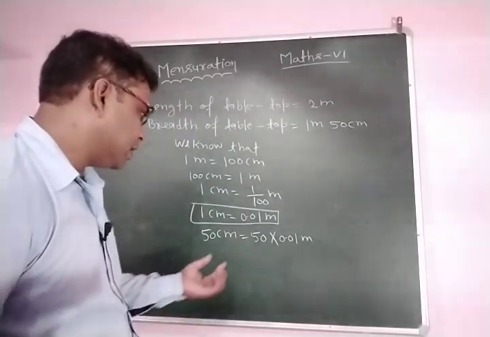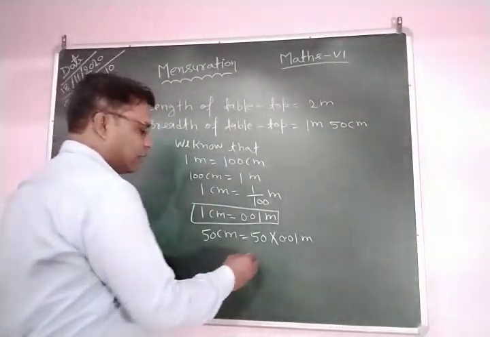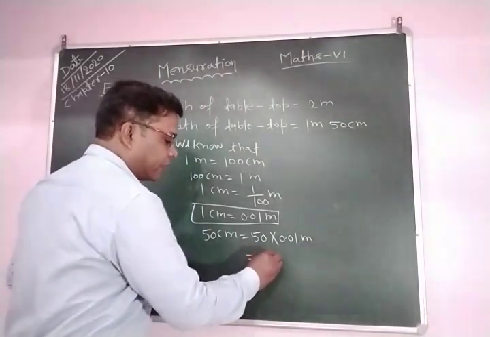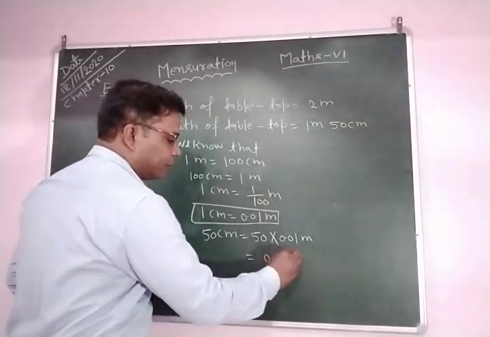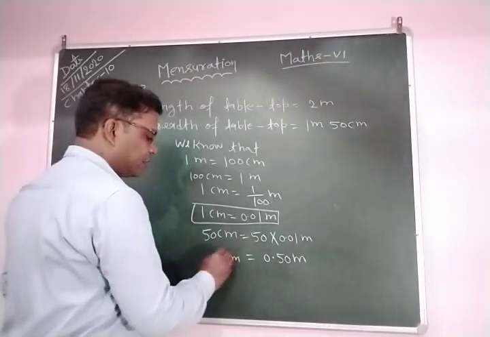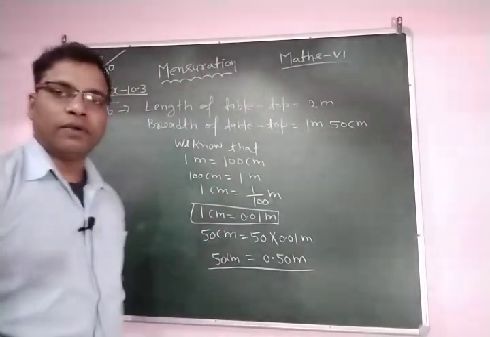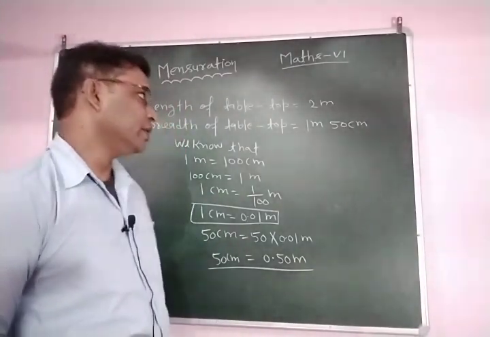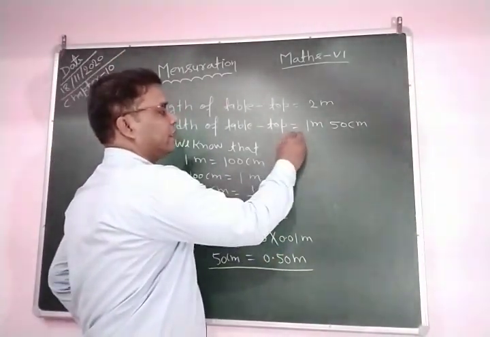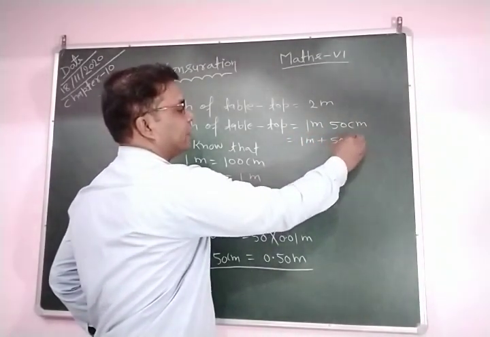If you multiply 50 into 0.01 meter, then you obtain 0.50 meter. It means 50 centimeters is equal to 0.50 meter.